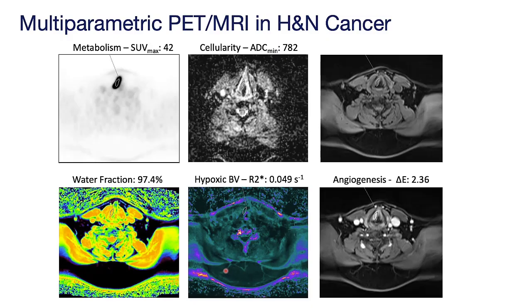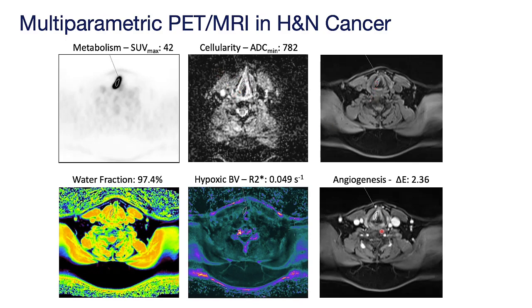So with PET MR, we can get a whole array of different measurements from the tumour, in this case from a tumour of the larynx. We can use the PET for measuring the glucose metabolism. The ADC, the apparent diffusion coefficient, tells us about cellularity.